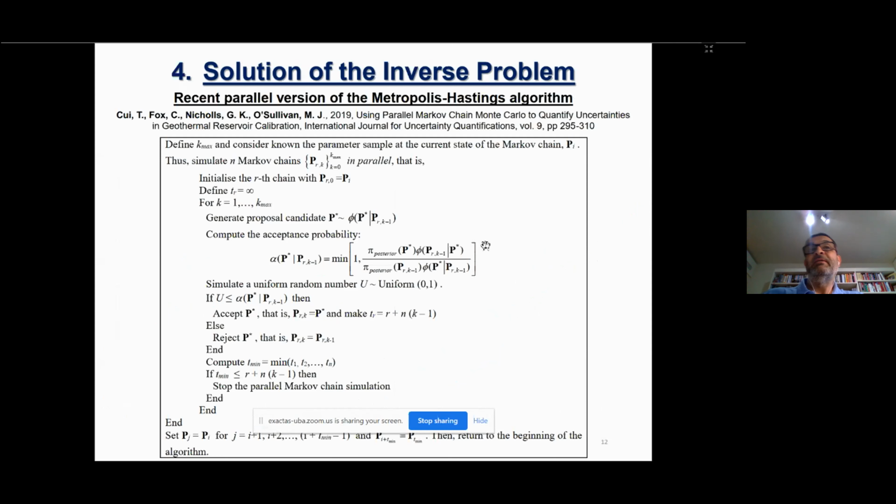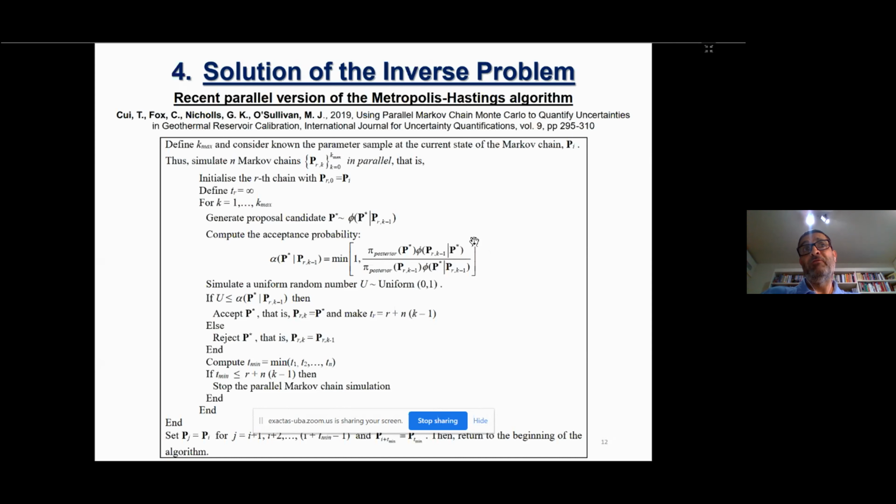As with any Monte Carlo method, it's very time consuming, especially in this case, where we have to solve the system of equations for the flow in a pipe that may be very long, so the solution of the direct problem is very time consuming.